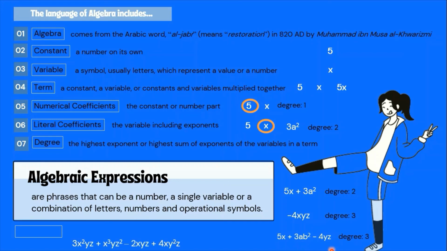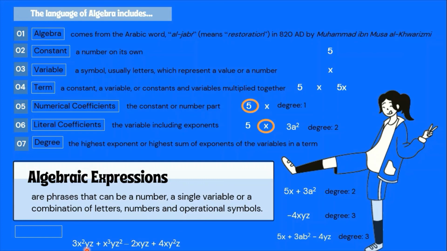Last example, we have 3x squared yc plus x cubed yz squared minus 2xyz plus 4xy squared z. Meron tayong 1, 2, 3, 4 terms. Para malaman natin yung degree, isa-isahin natin. Dapat kung sino yung term na may pinakamataas na degree, yun yung degree ng buong expression.